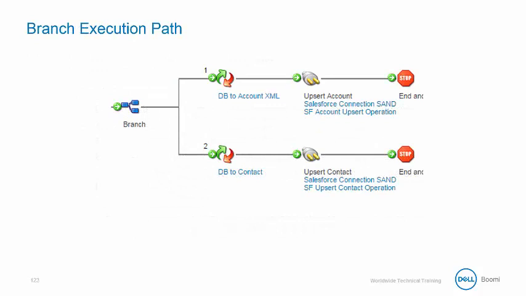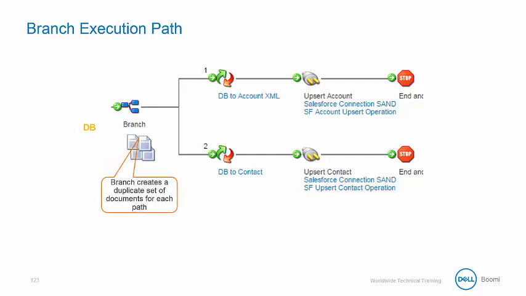This animation helps to illustrate the branch execution path concept. The branch creates a duplicate set of documents for each path.